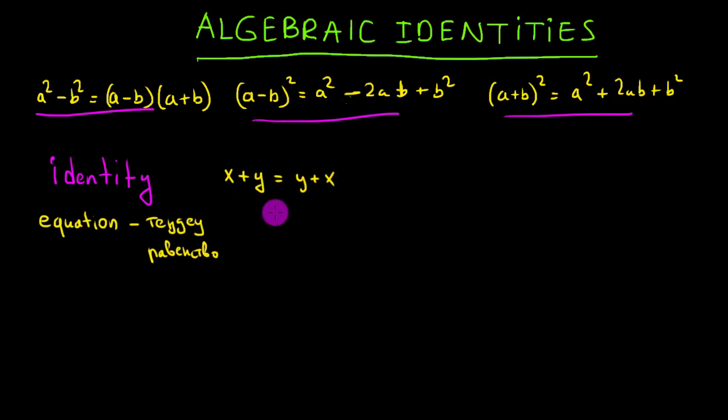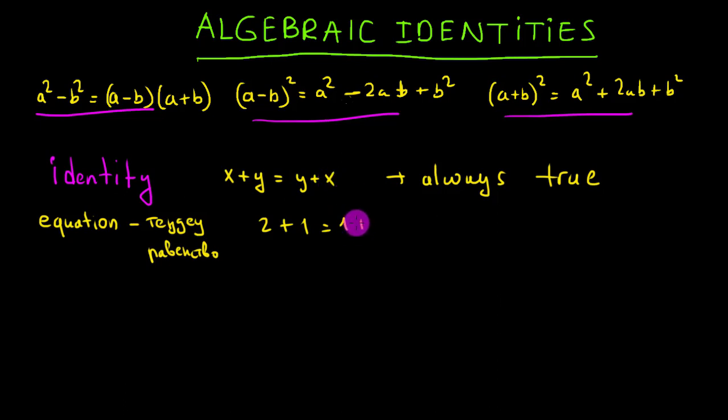So this is an identity. Why? Because this is always true. So let's put, instead of x, 2, for example, and instead of y, 1.